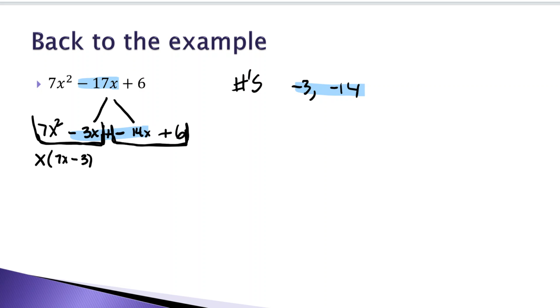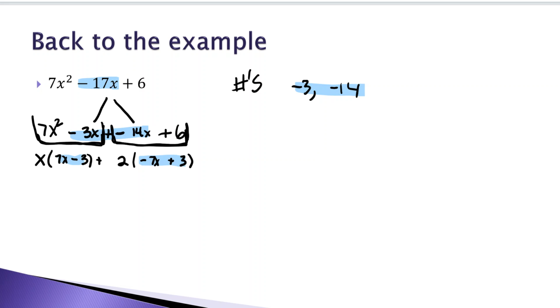And in the second piece, I can only factor out a 2, and that'll leave negative 7x plus 3. These are not exactly the same, are they? But they're very close. This one is a plus 7x minus 3. That's a negative 7x plus 3.